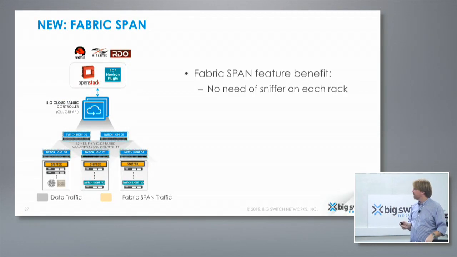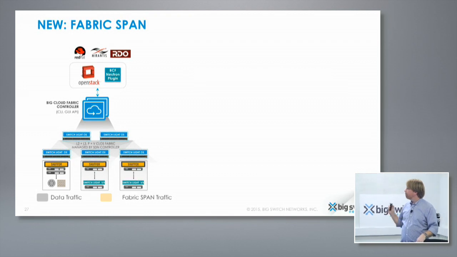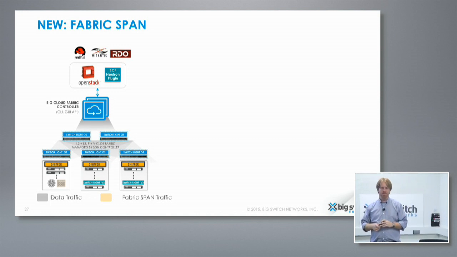Brand new feature announced today. You can actually span from any port in the fabric to any other port in the fabric, whether it's physical or virtual. We call this the fabric span feature. So imagine you get a trouble ticket that VM X is misbehaving.